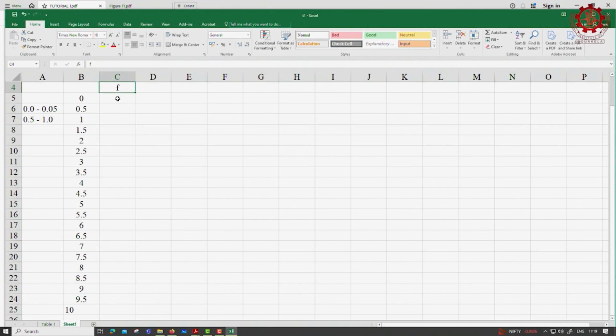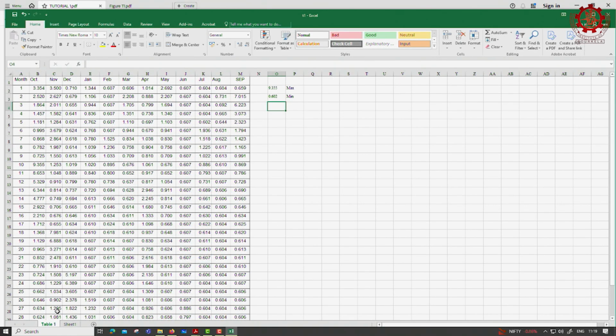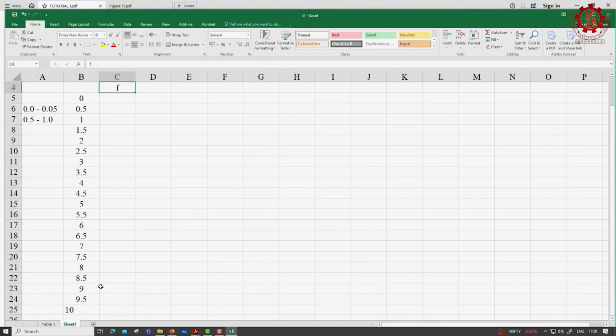So, from this table, for example, 0.5 to 1, there are many data points. We can't manually do it, that is why we are going to use the frequency command. We can ask the frequency command to count and put into these class intervals, right.